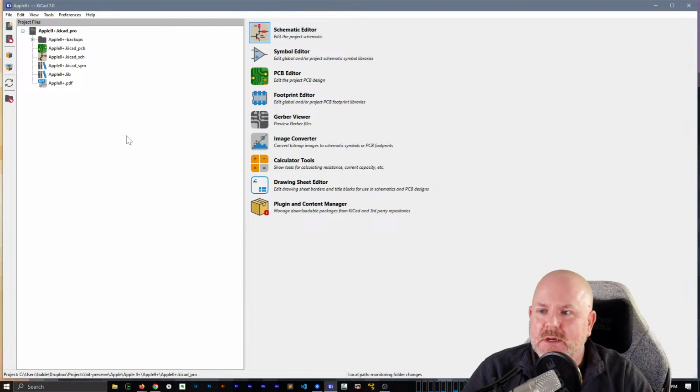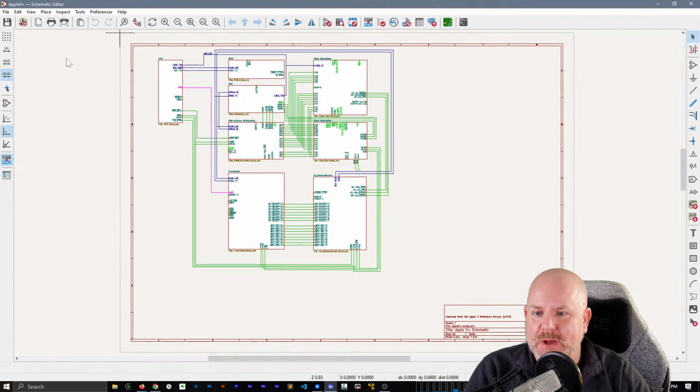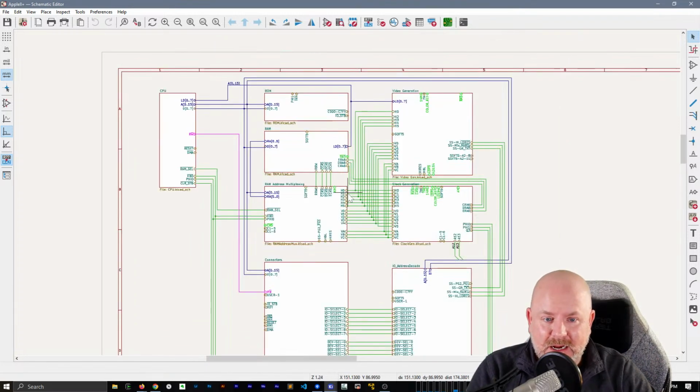Here we go. Let's get some schematic stuff going. Yeah, so we are still working on this Apple II schematic. Remember, this is one that somebody had provided to BitPreserve. It had a number of issues, and so we've been recreating it.